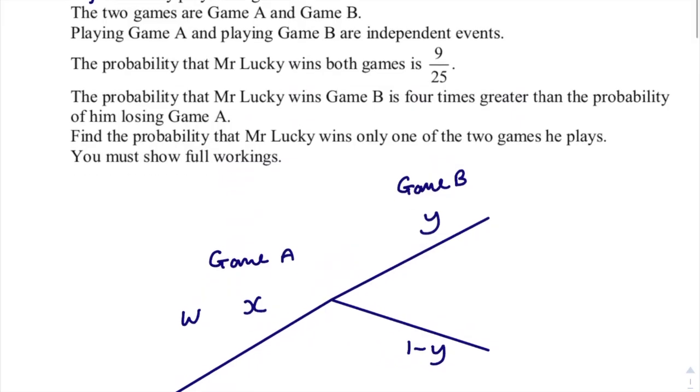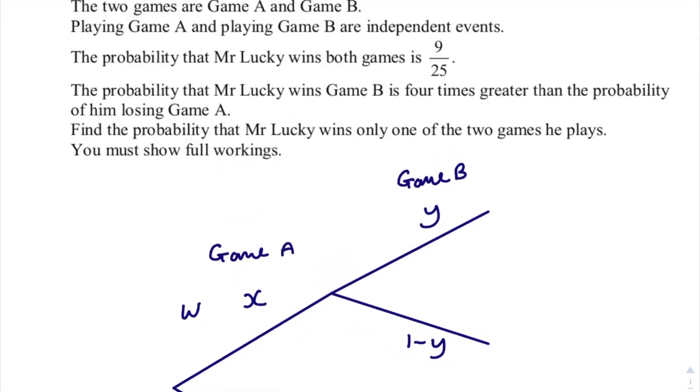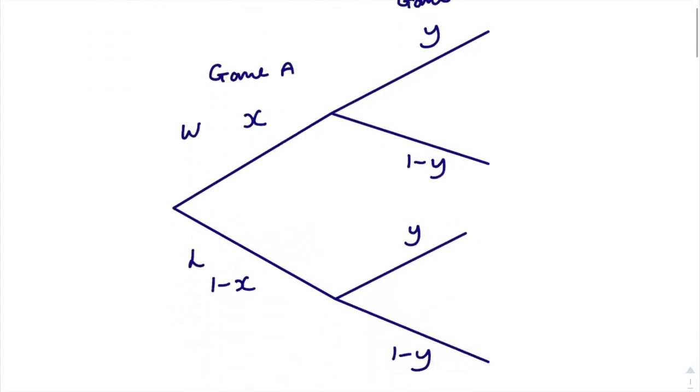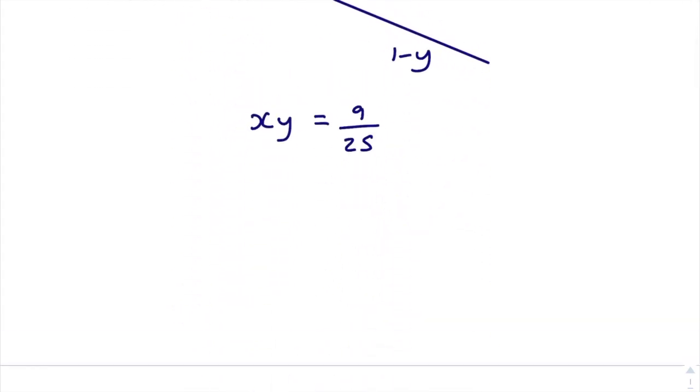Now, the next part of the question said that the probability that Mr. Lucky wins Game B is 4 times greater than the probability of him losing Game A. So the probability that he wins Game B is represented by the variable Y. And that's equal to 4 times the probability of him losing Game A. Or the probability of him losing Game A is 1 minus X.